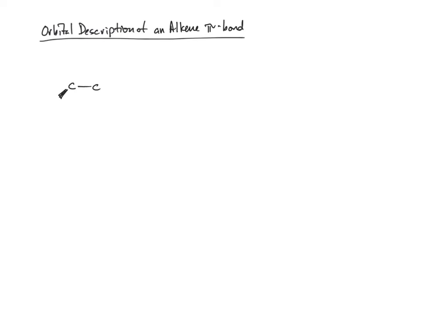So if we look at just a very general carbon backbone with 2 sp2 hybridized carbons, each having a p orbital with an electron in it, the overlap of those electrons forms the pi bond. So again, conceptually, the pi cloud is located above and below this carbon framework.